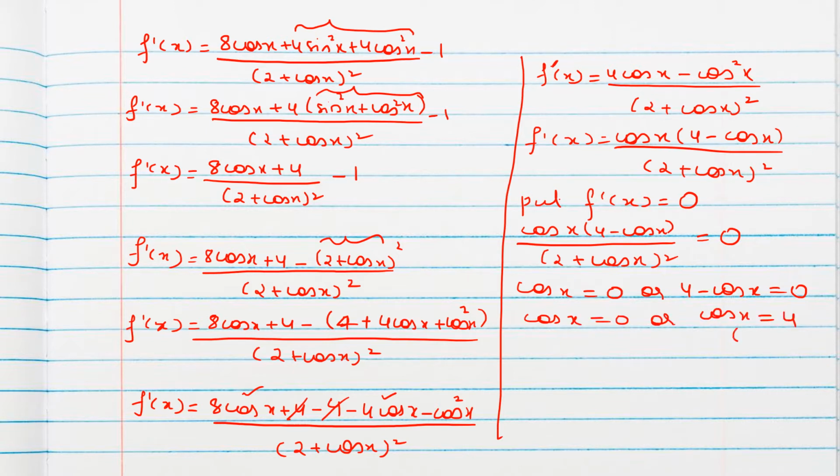This is not possible, since cos x value cannot be equal to 4, so we will write not possible. Now cos x equal to 0 implies x will be pi by 2, 3 pi by 2, isn't it?